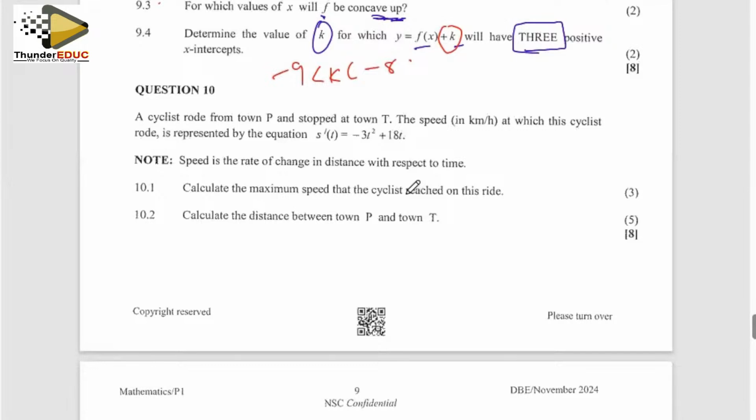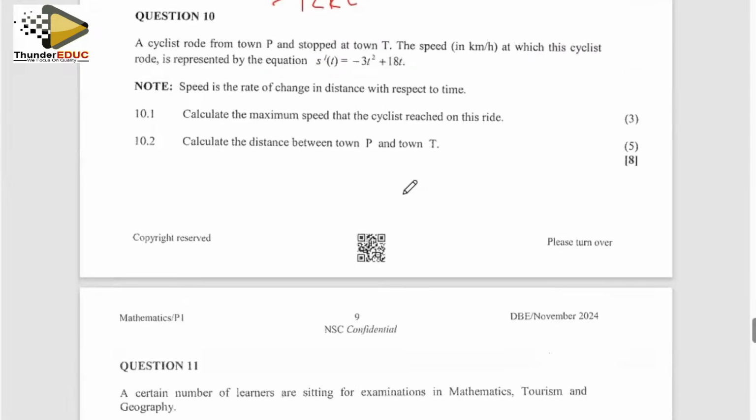All right, then question number 10, which is the rates, okay, the application. Telling us a cyclist rode from town P and stopped at town T. The speed in kilometers per hour at which the cyclist rode is represented using this equation. Note that speed is the rate of change of distance with respect to time.